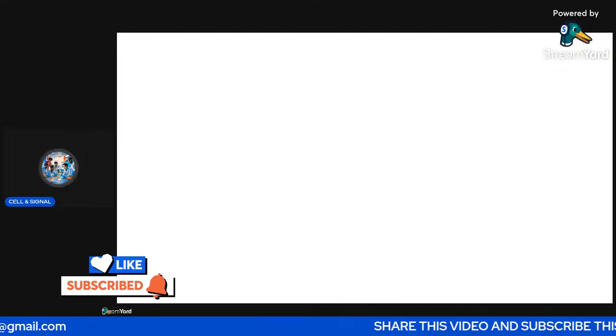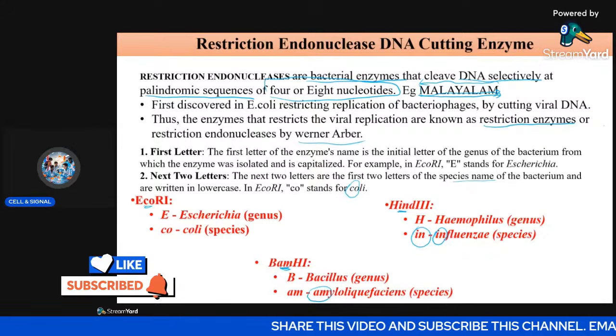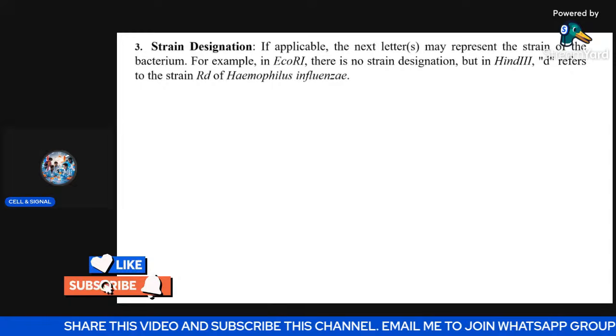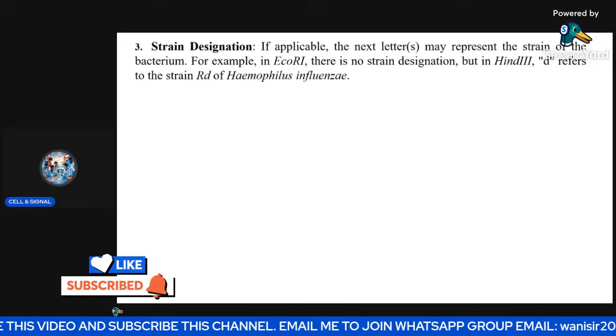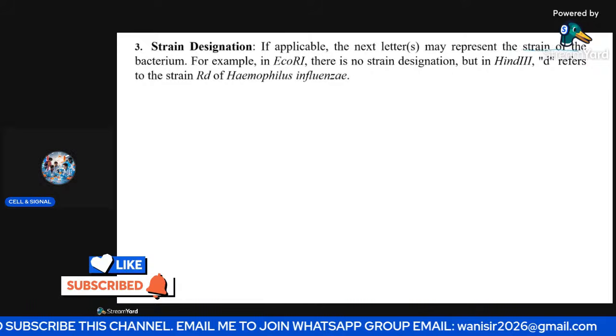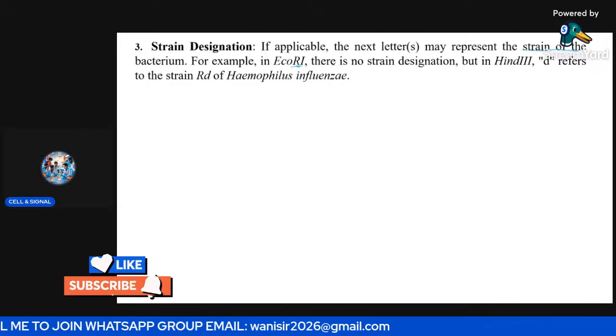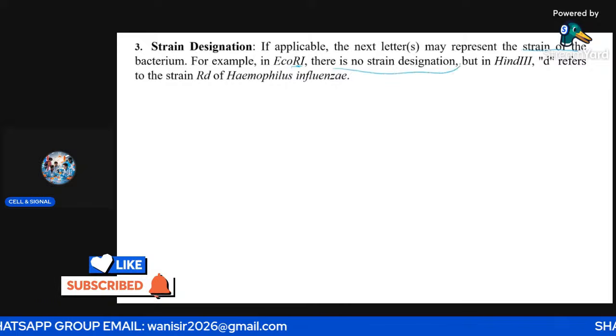Now the third is R. What is this R? R is the strain designation. The next letter may represent the strain of the bacterium. In EcoRI, R is the strain, and in BamHI there is no strain designation.